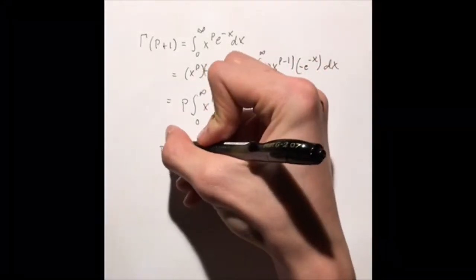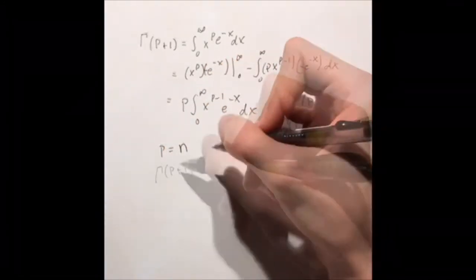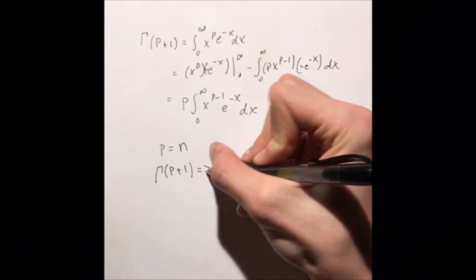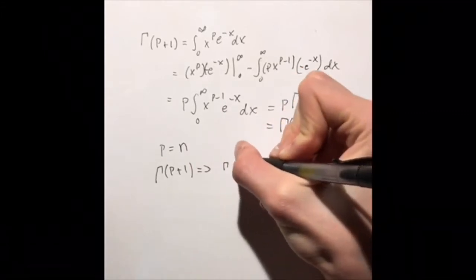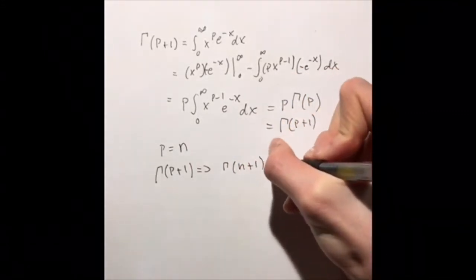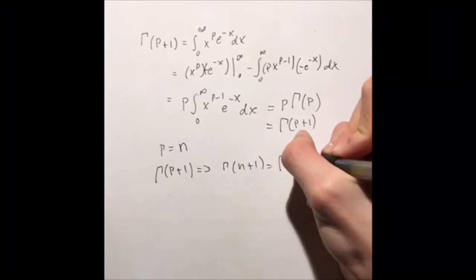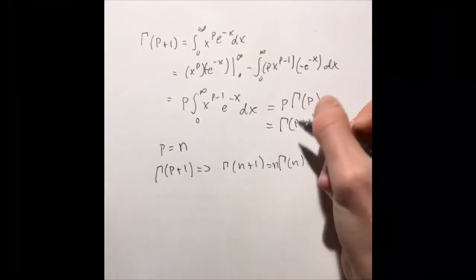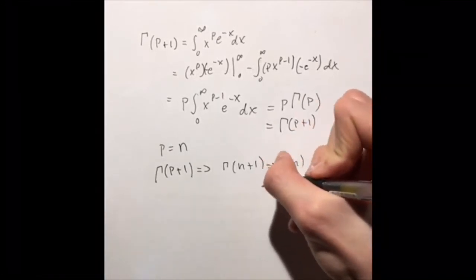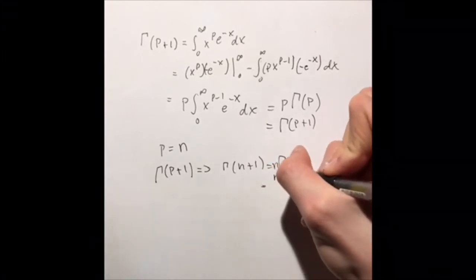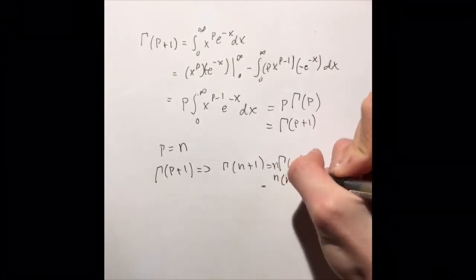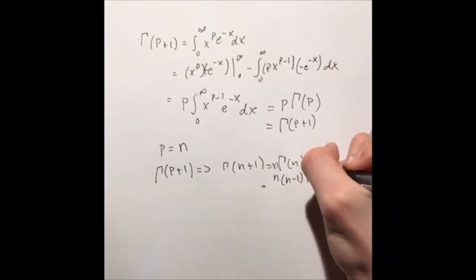If p then equals n, gamma of p plus 1 becomes gamma of n plus 1, which equals n times gamma of n, which equals n times n minus 1 times gamma of n minus 1.